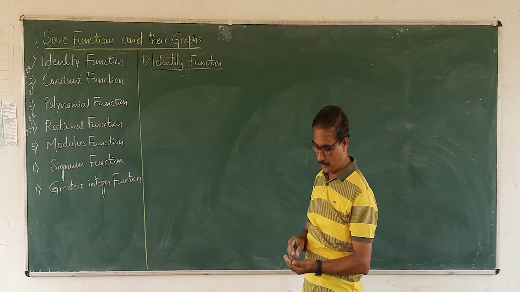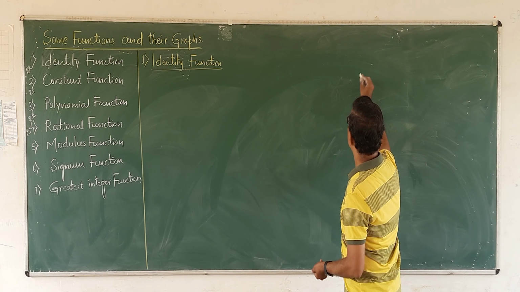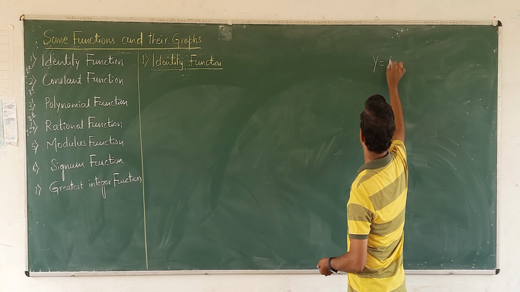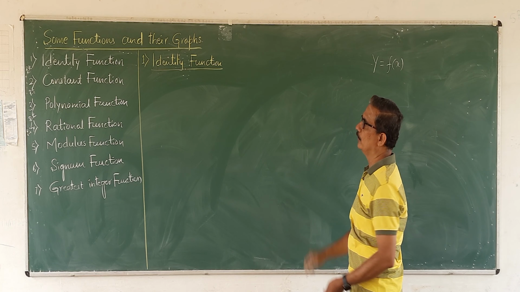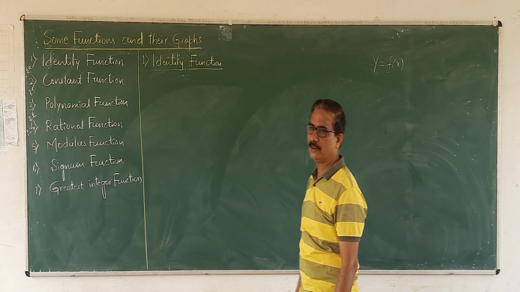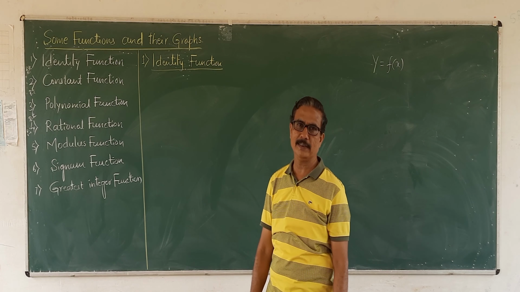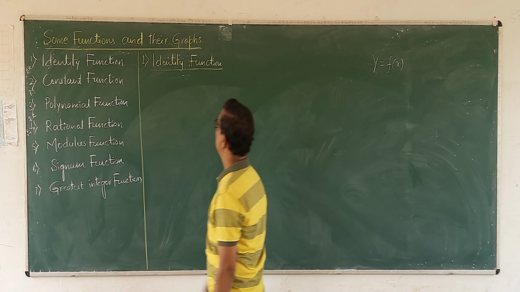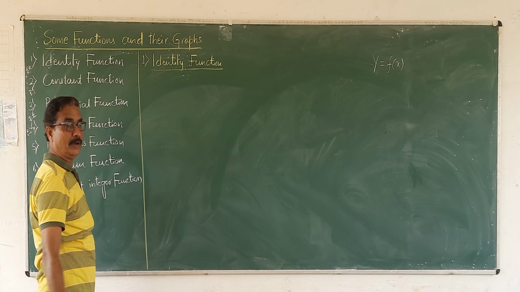Define identity function. As you know that mathematically function can be written as y is equal to f of x. Y is a function of x. In general, mathematically we write y is equal to f of x. Now here define identity function.